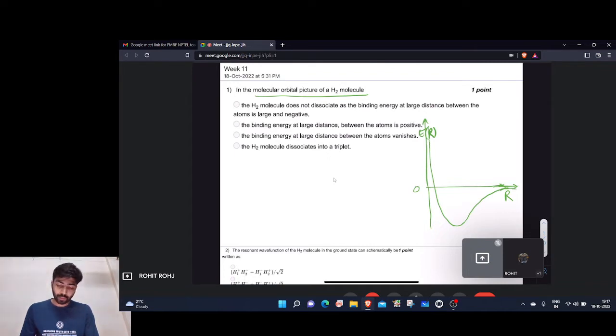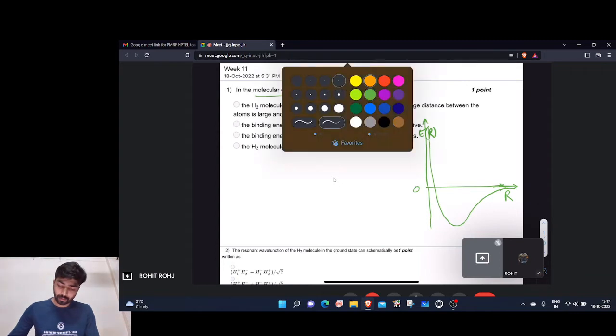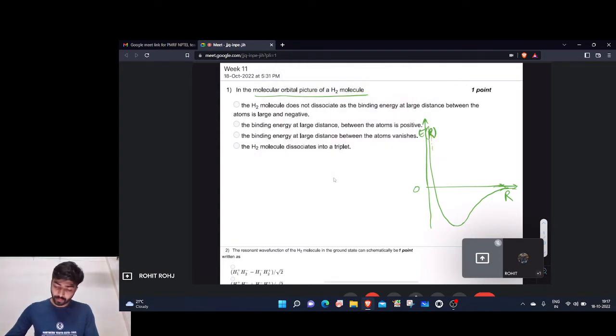But what the molecular orbital picture depicts, shown in a different color, is as follows. It does go through a minimum, but it doesn't saturate at zero value. In fact, it saturates at a finite energy value. Let's call it E naught, which is finite and counterintuitive.